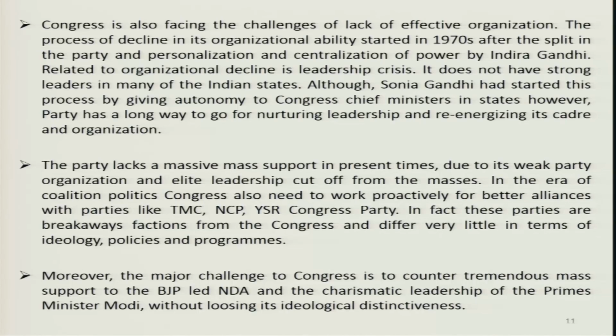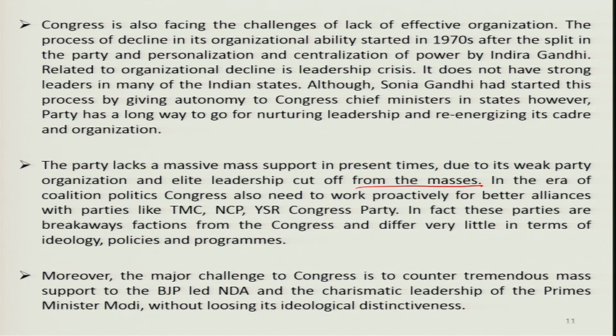The party lacks massive mass support in present times due to its weak organization and elite leadership, which is cut off from the masses. So, there are very few leaders in the Congress who can mobilize the masses, who can be seen as a mass leader.